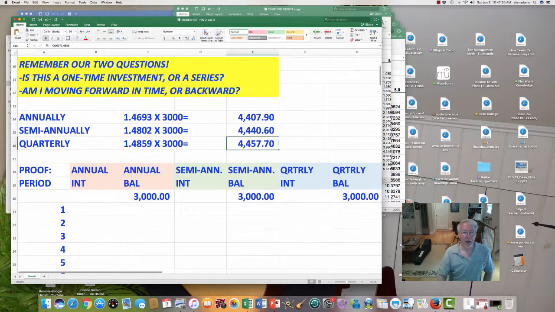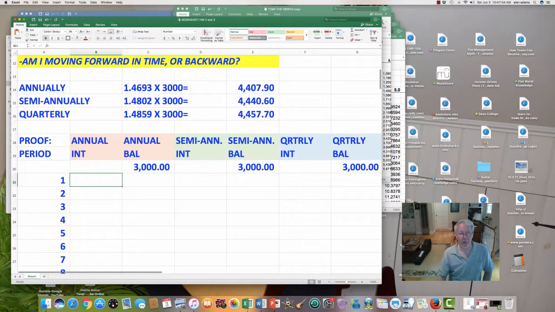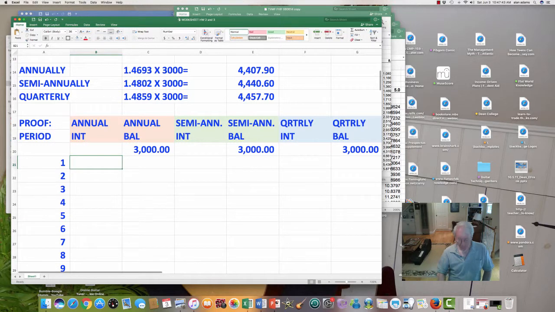Okay? Now, what I am going to do is show you a proof. You'll notice I've given you annual, semi-annual, and quarterly, and I've used our initial amount invested right there. If I'm going out 5 years, what was my rate? 8%. So I'm going to take the $3,000 I invest, and after 1 year, I'm going to do the interest.